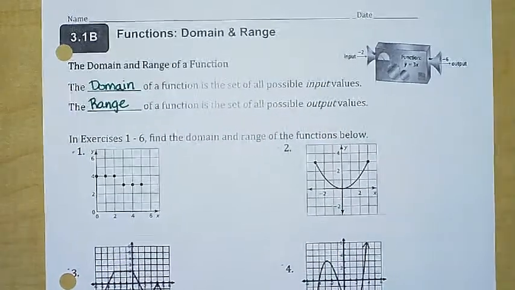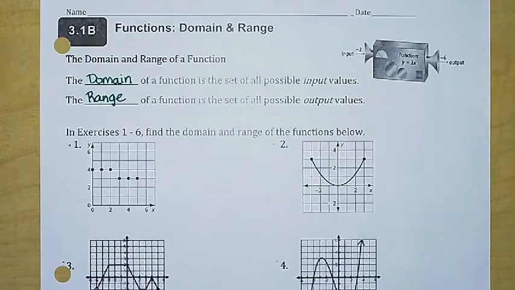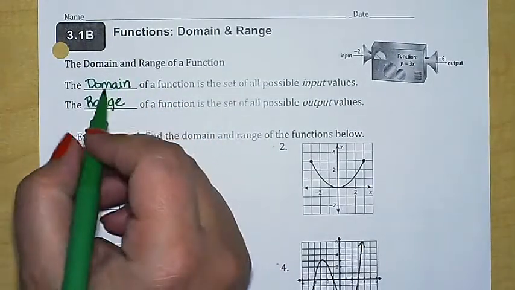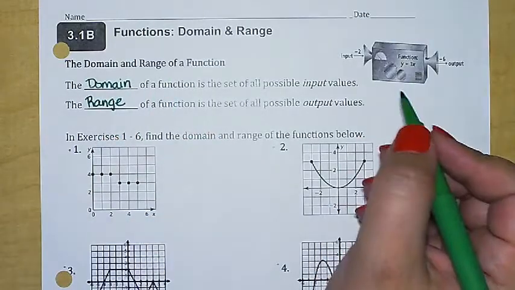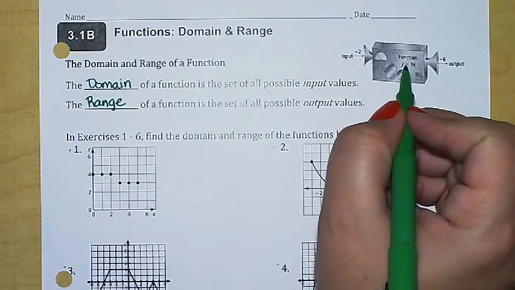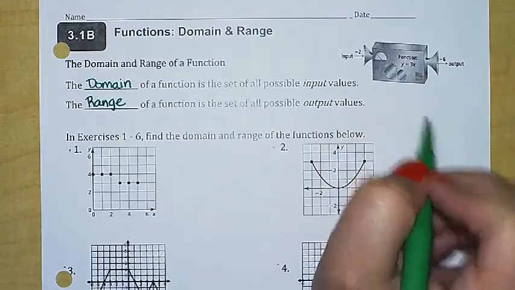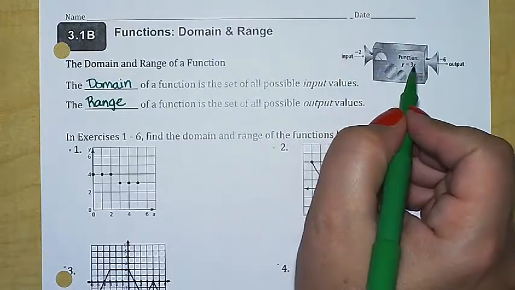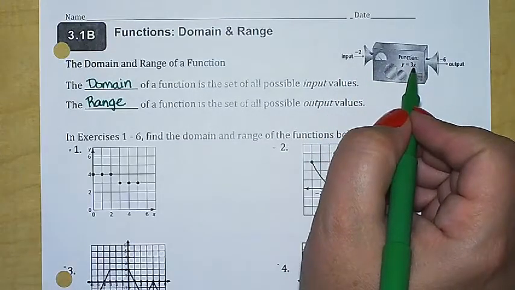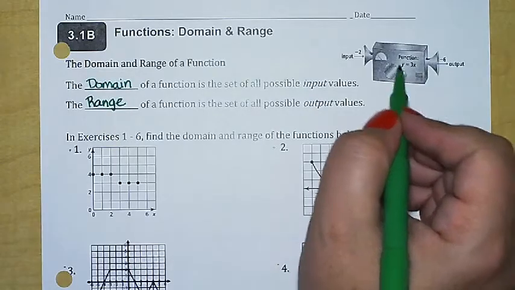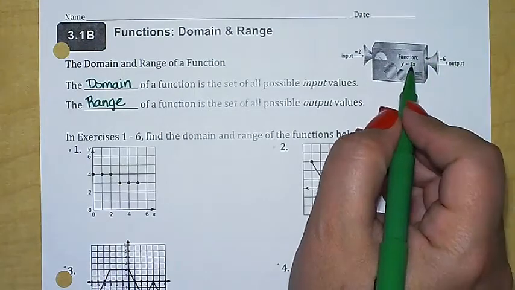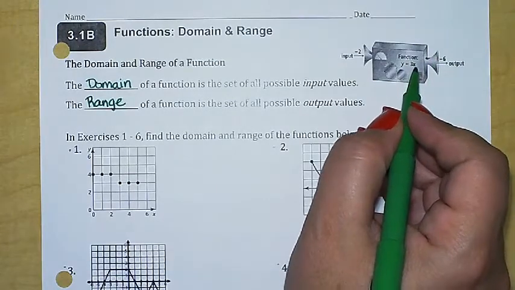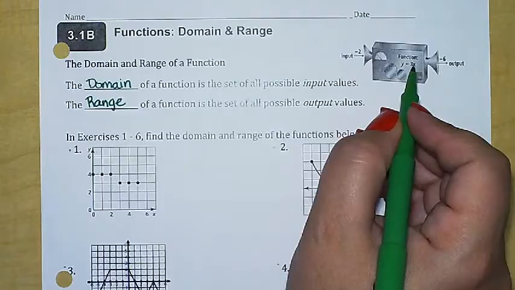So let's talk about that for just a moment, because oftentimes the domain will be all real numbers. There won't be any restriction on what you can plug in. If you have an equation like y equals 3x, you could plug in just about any kind of number for x if that equation is not in a word problem or a real life situation. So I could put in fractions, decimals, positives, negatives, all kinds of numbers.